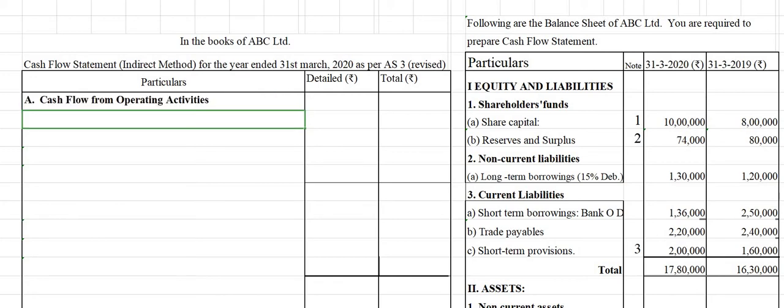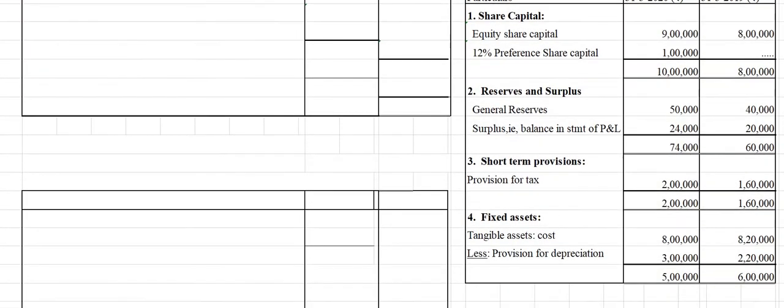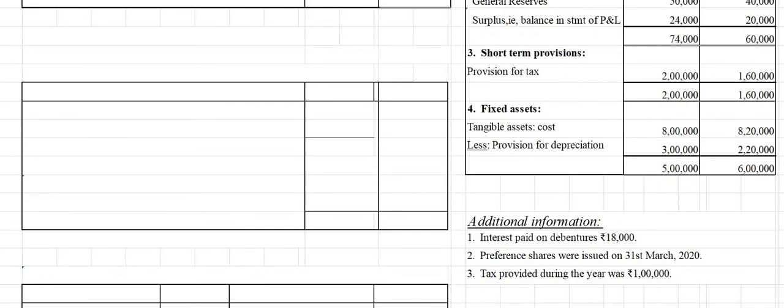In that cash flow from operating activities we need to write net profit before tax and extraordinary items. So net profit before tax and extraordinary items we have to calculate. We have studied the format for calculating net profit before tax and extraordinary item.